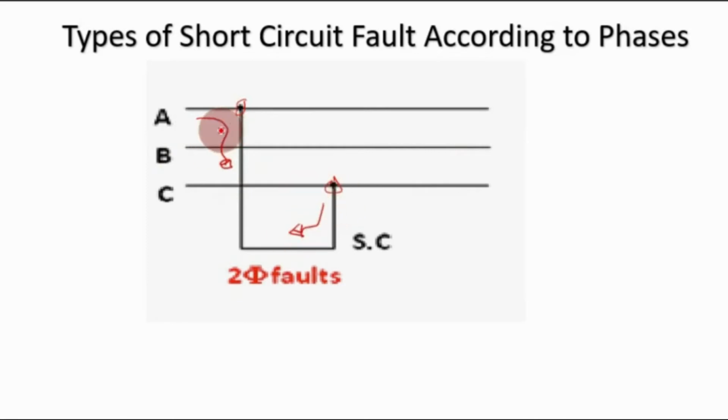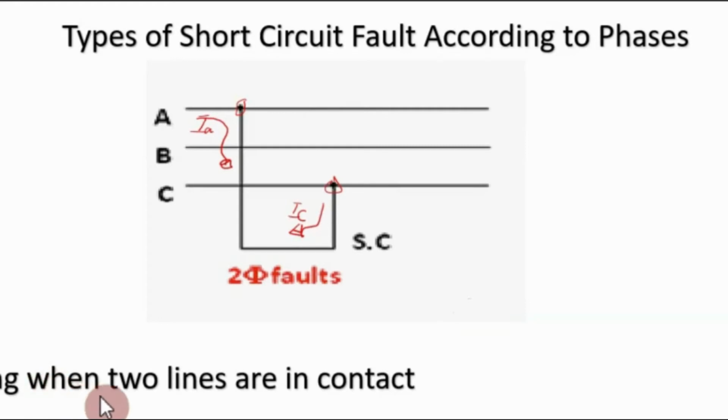So we can name this IA, and this one the current IC. Two-phase fault, or we call this a line-to-line fault. It is occurring when two lines are in contact. So not only A and C, but it can be A and B, or it can be B and C. By the way, this type of fault occurs 5 to 15% of the time.